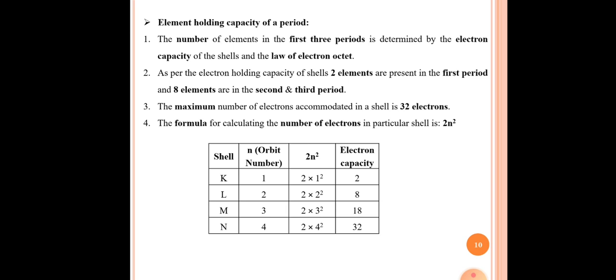By putting all these values into the formula, we get the electron capacity. The K shell has an electron capacity of 2, the L shell contains a maximum of 8 electrons, the M shell a maximum of 18 electrons, and the N shell a maximum of 32 electrons.